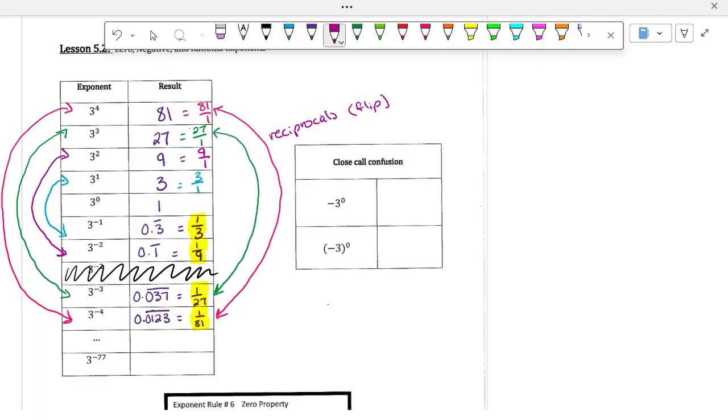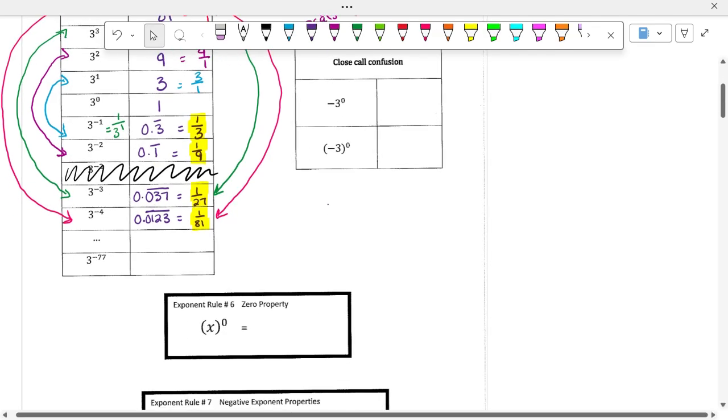So the main rule for positive and negative exponents is that if you have a negative exponent, that is the same thing as 1/3 to the first. In other words, you can just move that negative exponent to the bottom or around the fraction bar and make it positive.